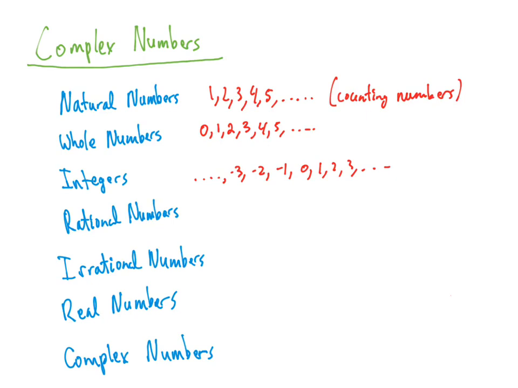Rational numbers, if we think about the root word of rational, we have the word ratio. And a ratio is just a fraction. So a rational number is any number that we can write as a fraction.